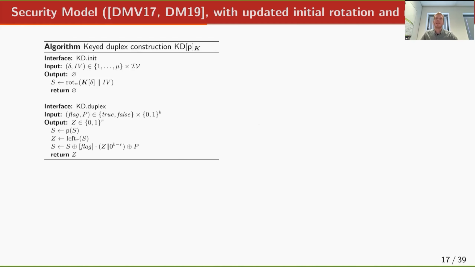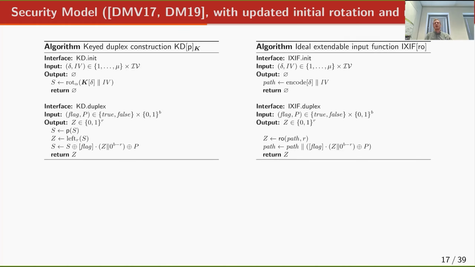And the way we implement this is with an ideal duplex. The original naming is a bit unfortunate. I prefer ideal duplex, but the formal naming is the ideal extendable input function. And the ideal extendable input function is not based on a permutation, but a random oracle RO. And instead of keeping a state, it maintains a path.